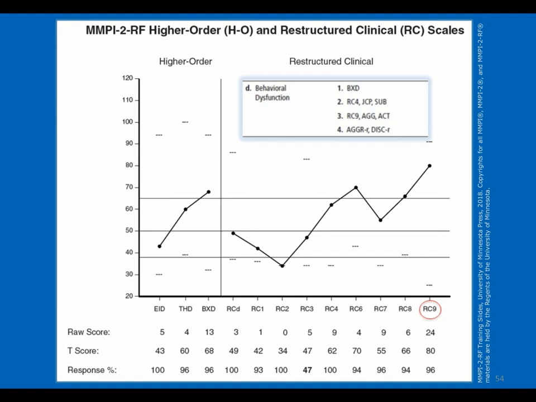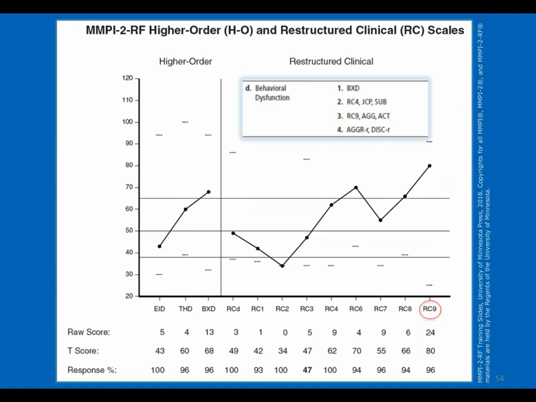And then we have the RC scale 9, hypomanic activation, and its lower level specific problem scales, aggression and activation. And then finally we have the 2 personality psychopathology 5 scales in this behavioral dysfunction domain, aggressiveness and disconstraint.